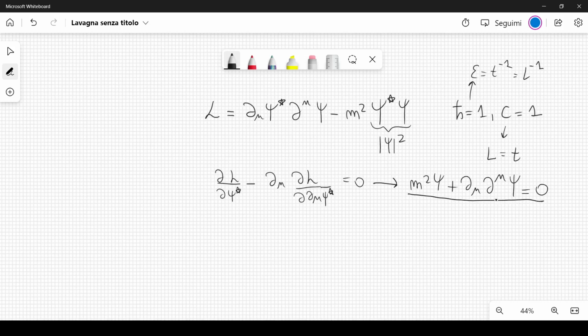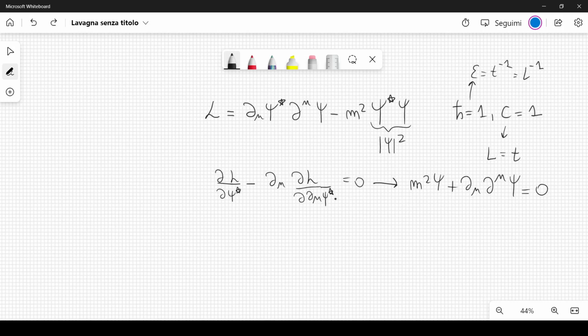Now here we have the equation of motion, and without calculating the other equation of motion, where we put ψ instead of ψ*, it's easy to derive it simply by taking the star of this equation. We just put the star. Simple as that. But I'm going to consider this one.